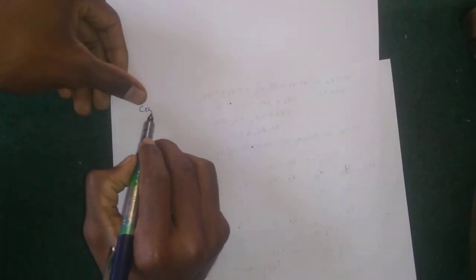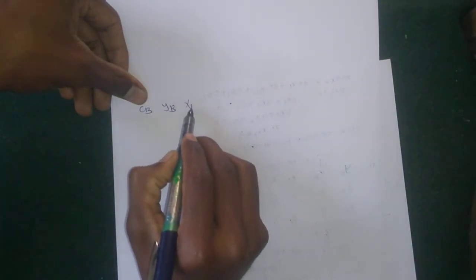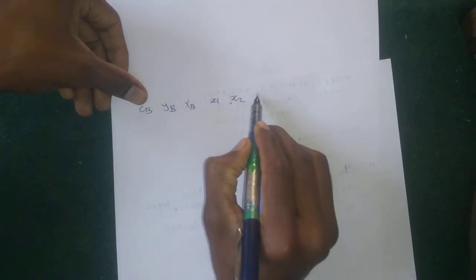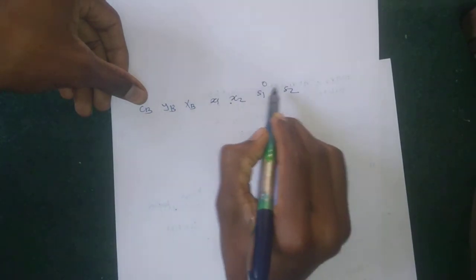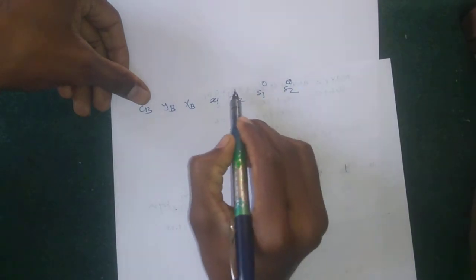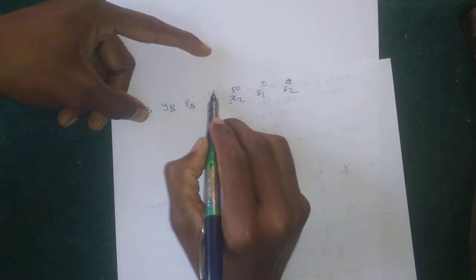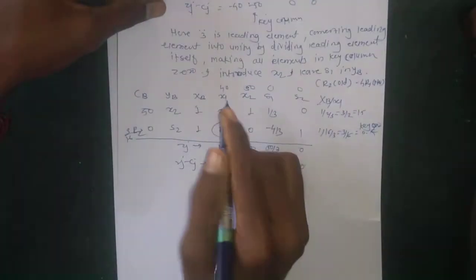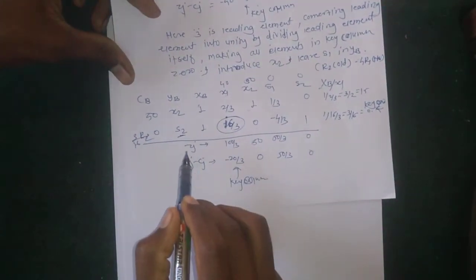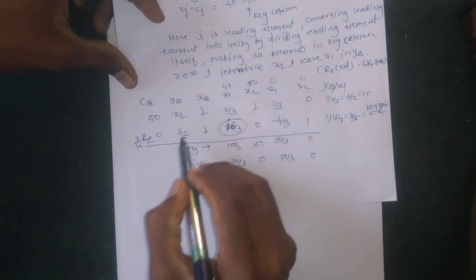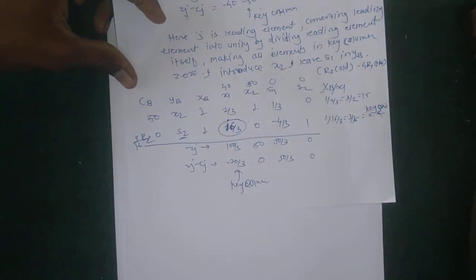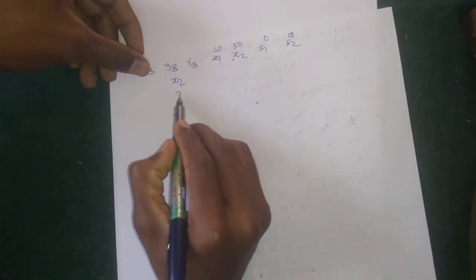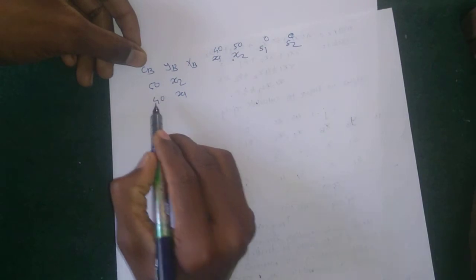Directly write here: cb, yb, xb, then x1, x2, s1 and s2, 0, 0, 50, 40. Introducing x1 and leaving s2, we get x2, x1, 50, 40.